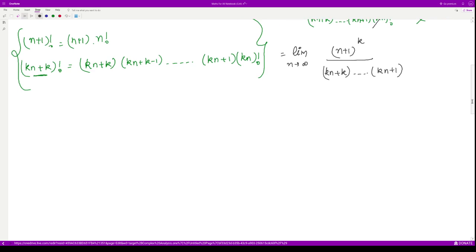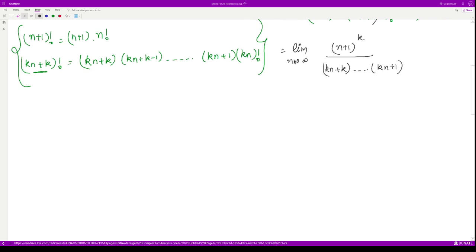Now in order to calculate this limit, that is substitute n going to infinity, we'll convert this form to 1 by n's. That means what we do, we take n common from here. So we'll be having n raised to power k common. So we are left only with 1 plus 1 by n raised to power k, and similarly if you take n common from each of these terms, we'll be having n raised to power k.